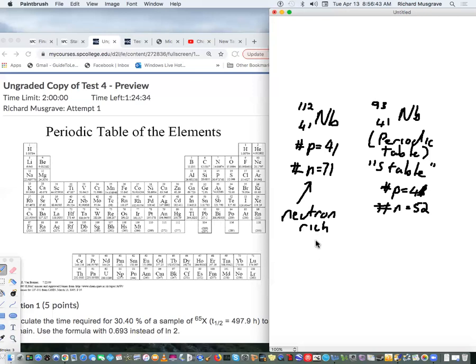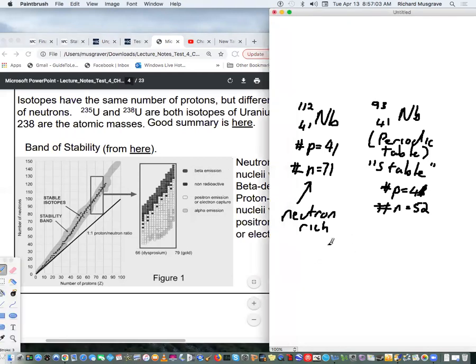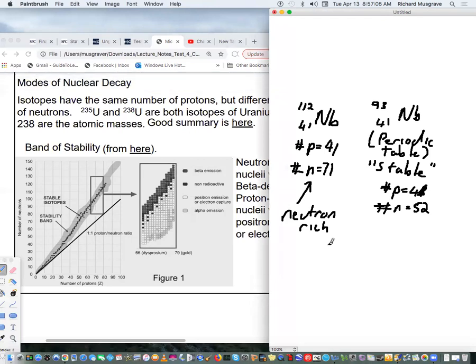So what does that mean? Well, as I said earlier, let's go back to the slide I was showing you: anything above this band has too many neutrons. That is, it's neutron rich. And my contention here is that neutron rich things will tend to decay via beta emission. So let's see why that might be.